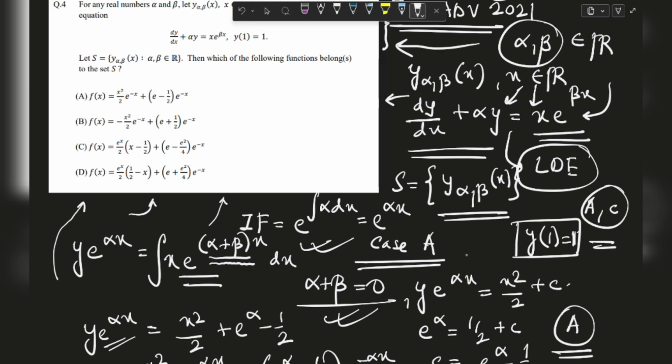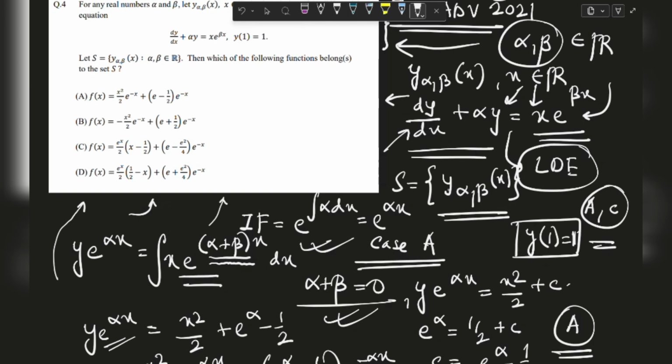I guess it was y1, y2, y x minus 1 by e power 3x sin x, something of this sort. I don't exactly remember. If you compare that to this, you will see there is a similarity. Although those equations were not perfectly LDE, if you are really fast at differentiating, you can somewhat reach this.